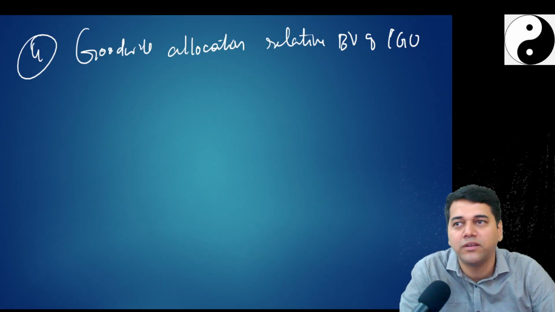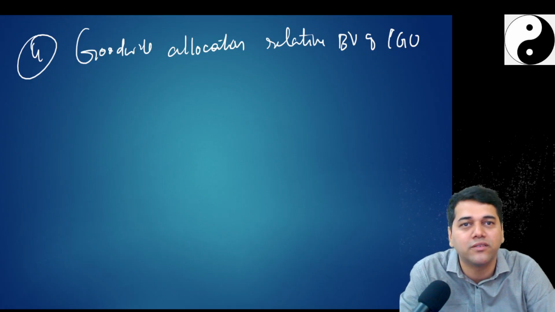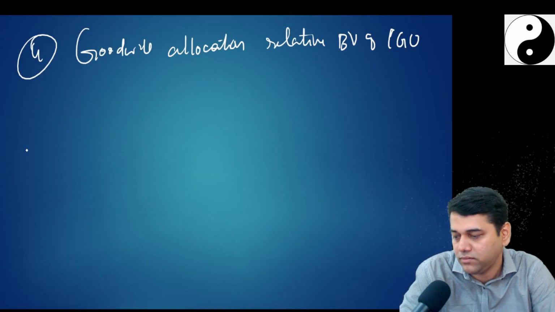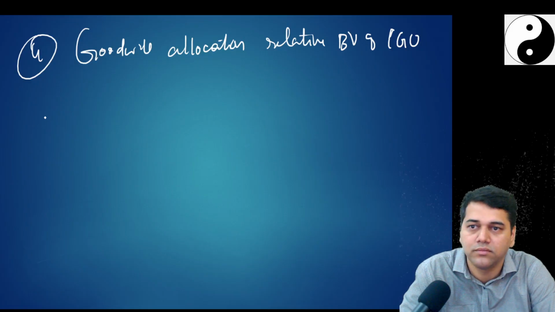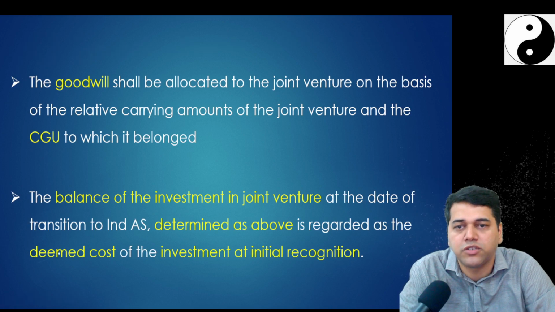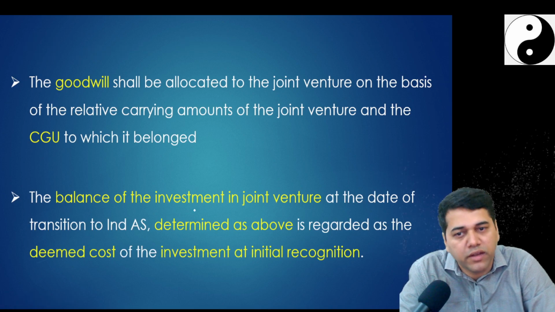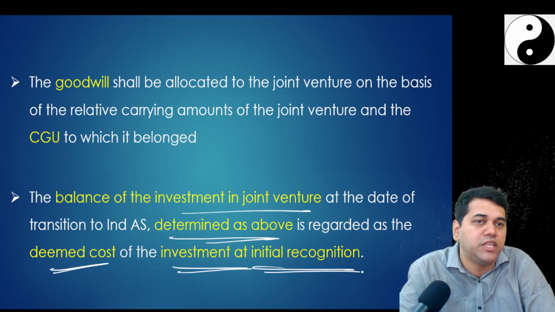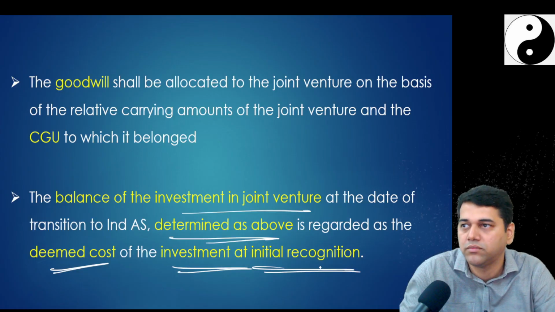Who is getting benefit? Because they are the smallest cash generating units. If you want, you can club them, aggregate them. Okay, so this is what you say, the goodwill shall be allocated based on the joint venture, and whatever amount you get, that is considered as the deemed cost of the investment on initial recognition. That is your book value.